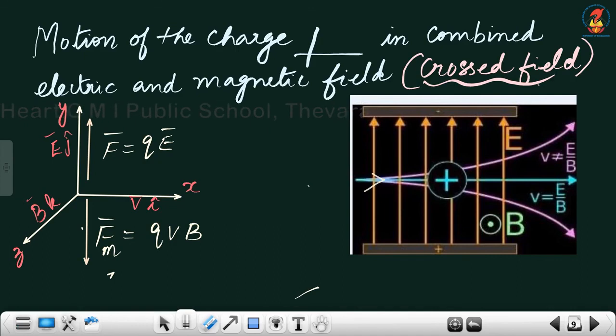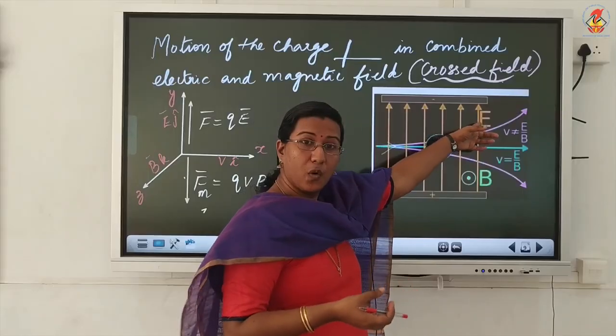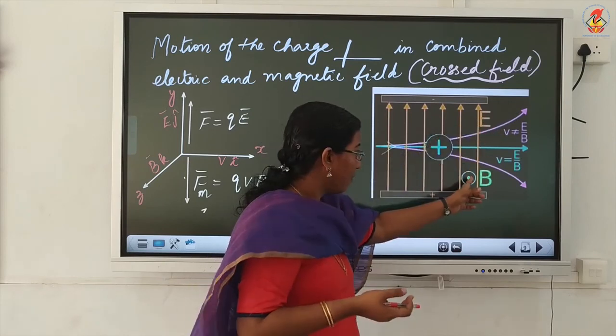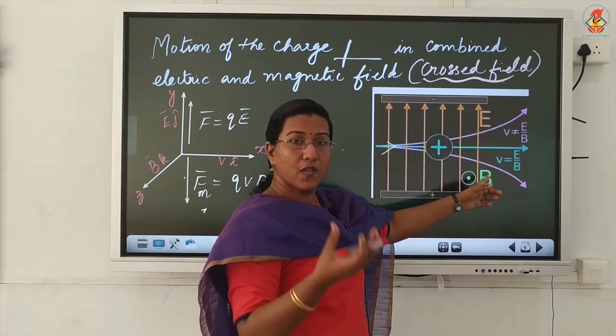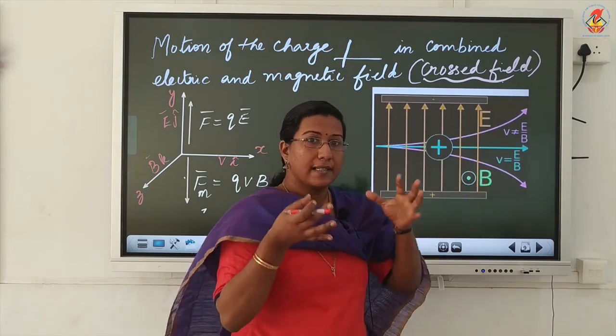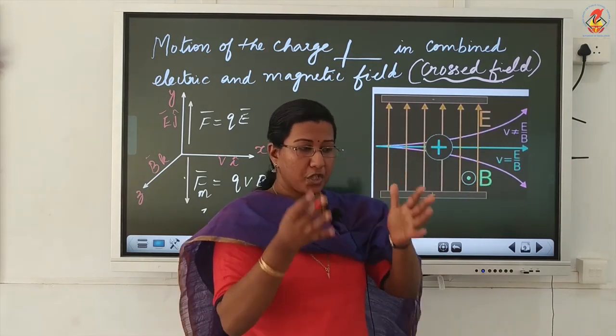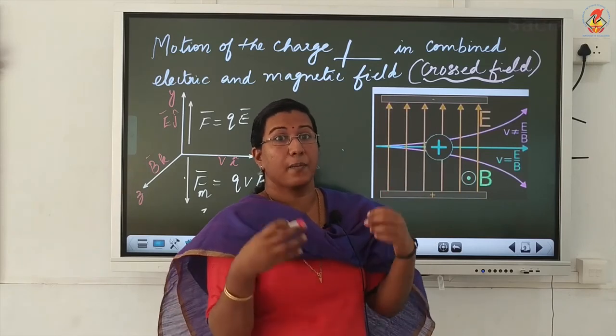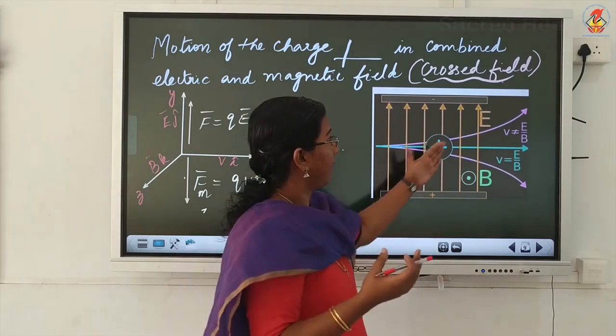Now, when the particle enters the field, what happens? The electric field will exert a force QE. The magnetic field will exert a force on the charged particle QVB. Now, depending upon which force has more magnitude, the particle will get deflected.